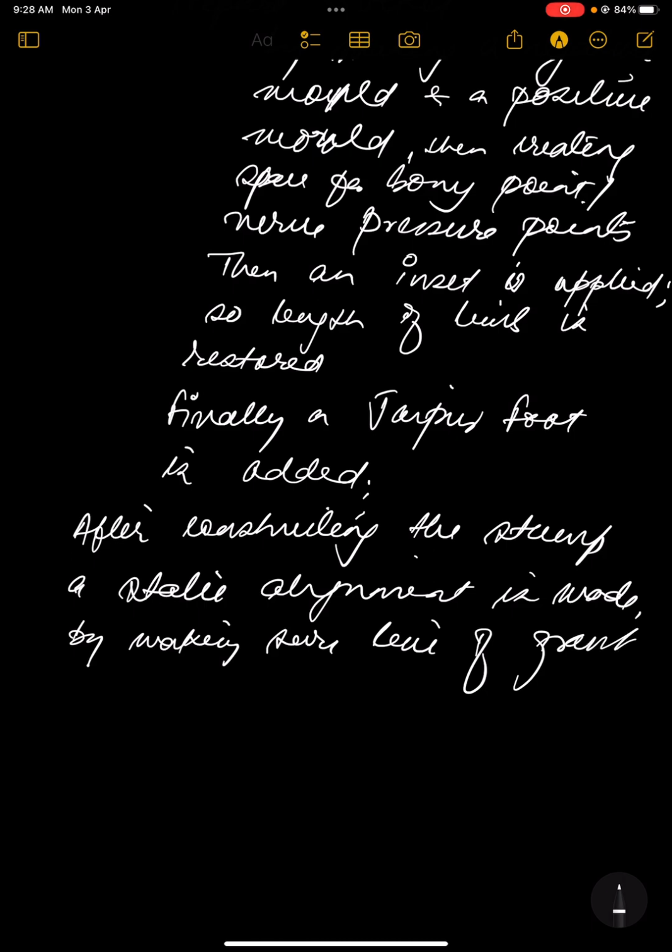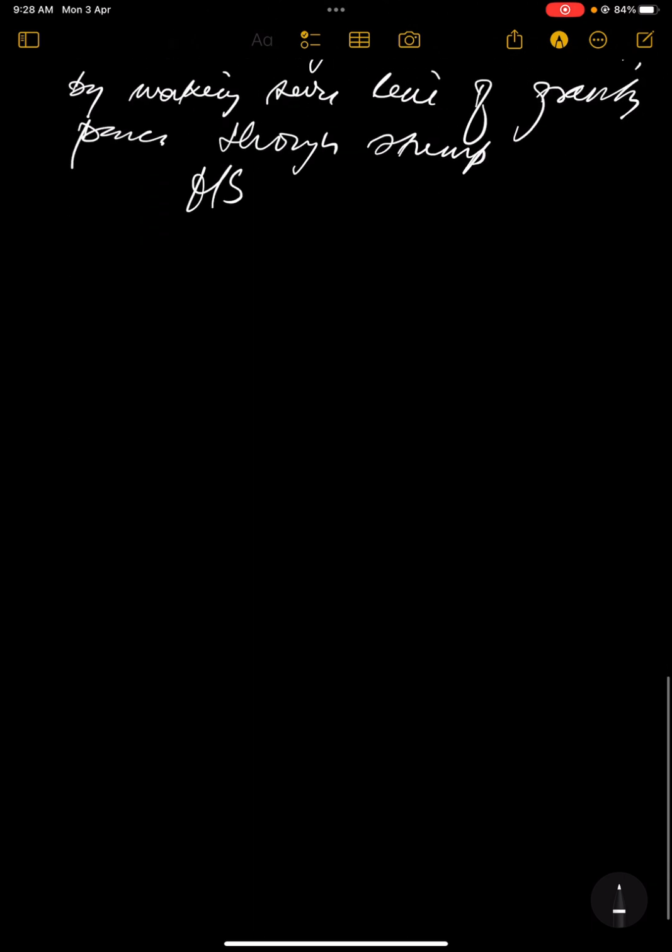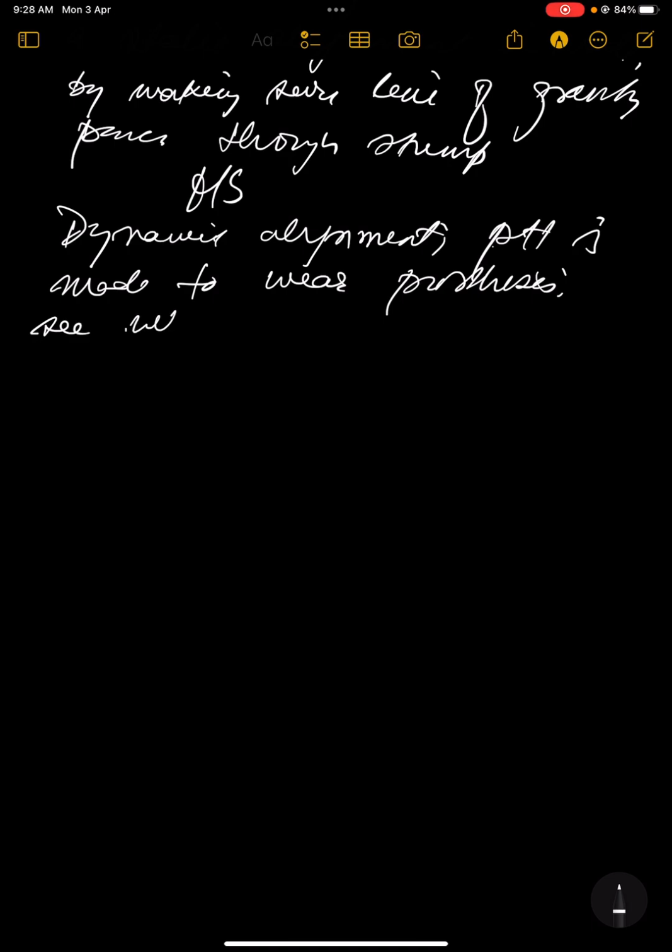Then you do a dynamic alignment. That means you make the patient wear the prosthesis, see whether it is comfortable, it is not hurting anywhere.